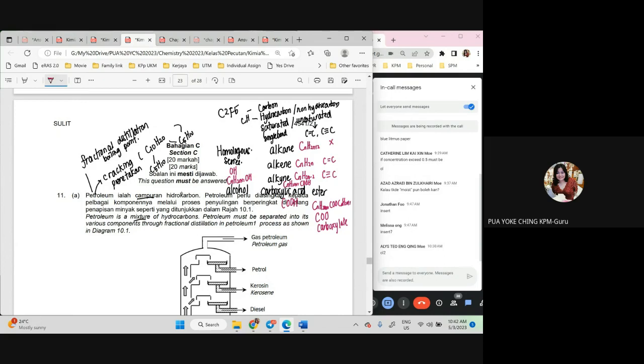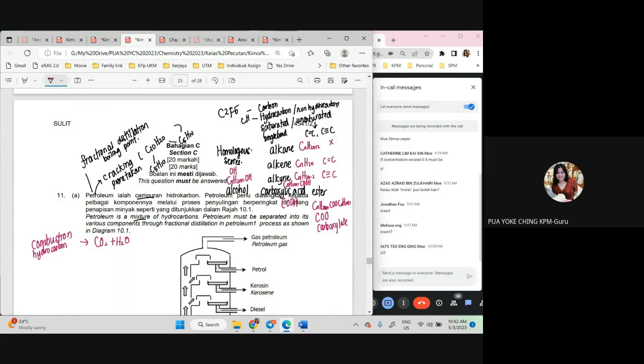So untuk alkene tindak balasnya paling banyak, you have a lot of reaction. Cuma ada beberapa yang penting mesti kena ingat. First one is combustion. Combustion untuk hydrocarbon atau non-hydrocarbon. Untuk hydrocarbon lah lebih senang. Untuk semua ni, you will only get CO2 and H2O.